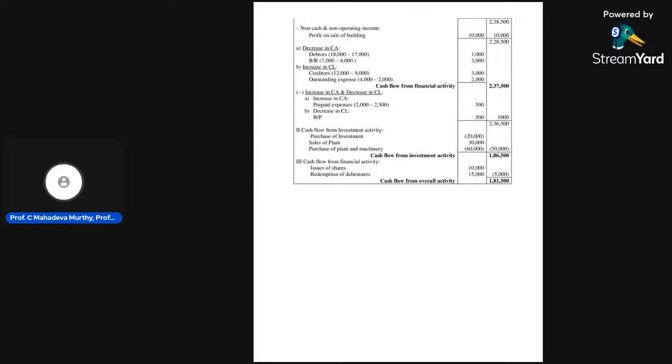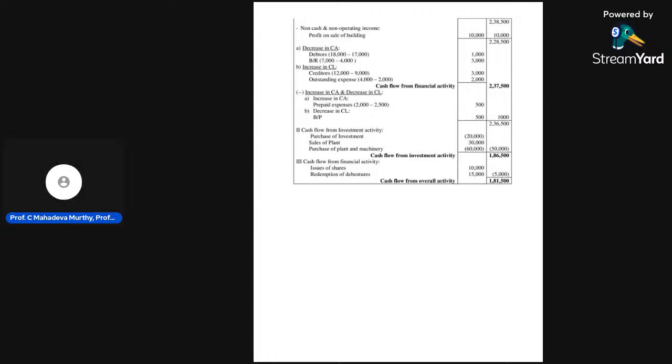Then decrease in current liability: bills payable decreased by 500, total 1,000. This also we need to deduct. 2,37,500 minus 1,000 is equal to 2,36,500. This is the cash flow from financing activity.